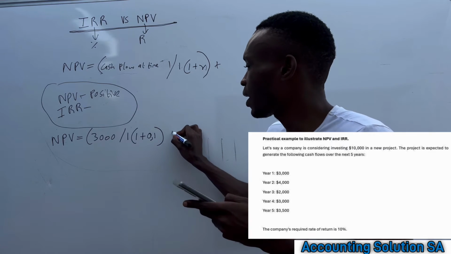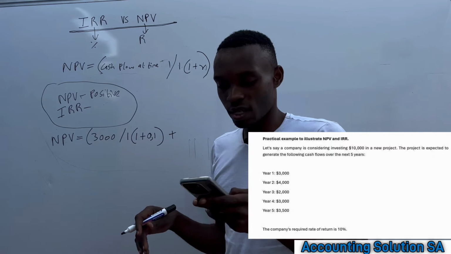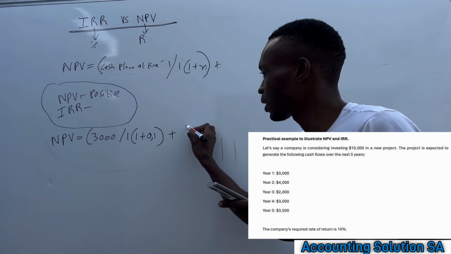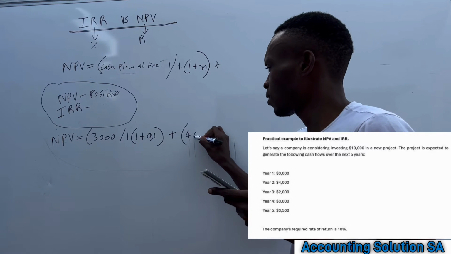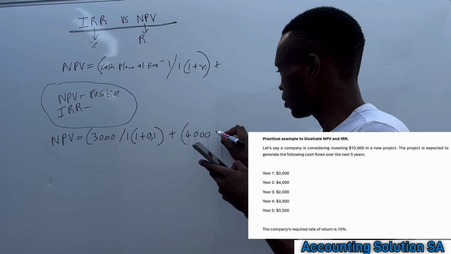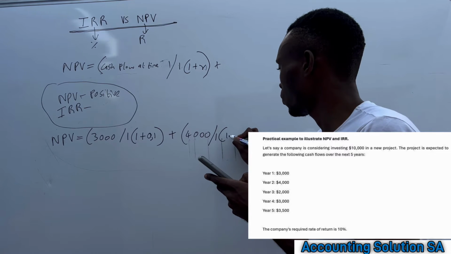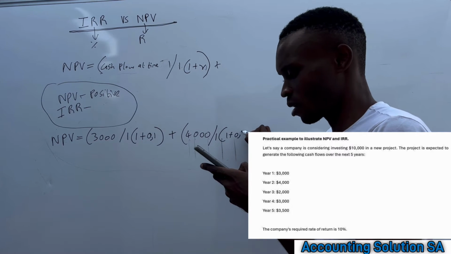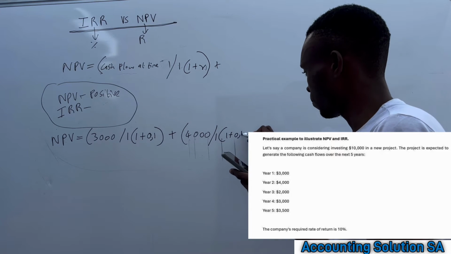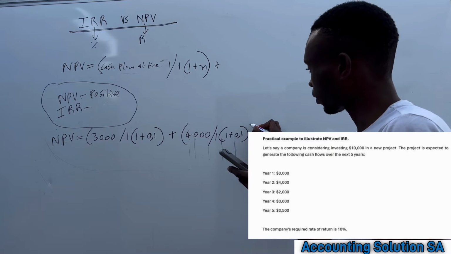Then after that, we add the second year. We're going to use the same process. We're just going to say year 2, it was 4,000, which means you are going to do it like this. 4,000, divide by 1, open a bracket, 1 plus 0.1. Because it's year 2 now, we need to do what?